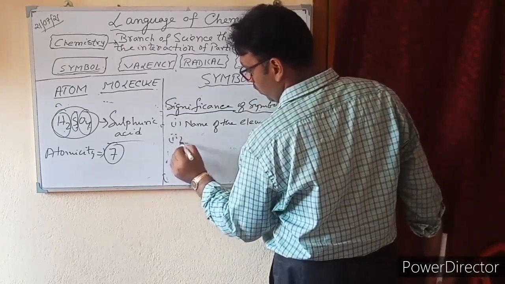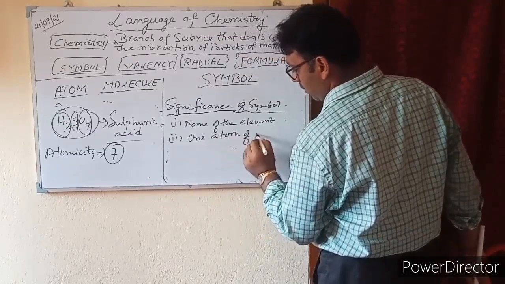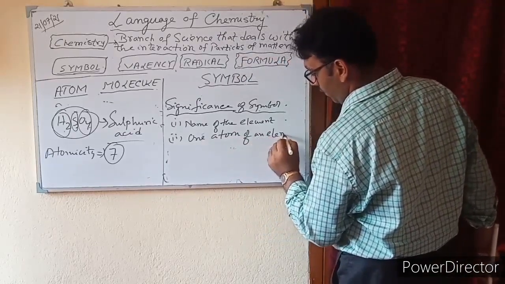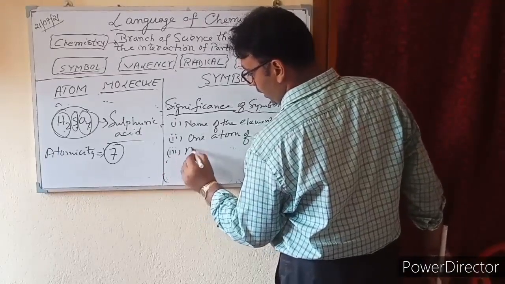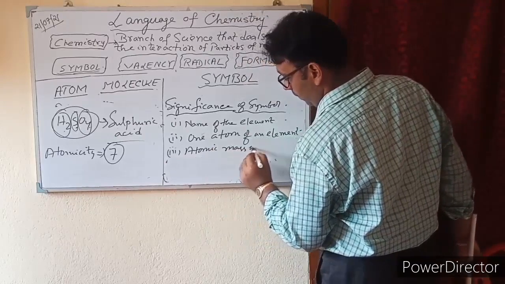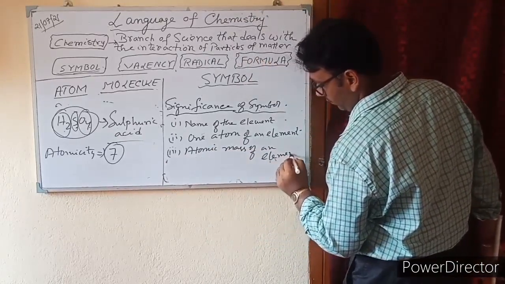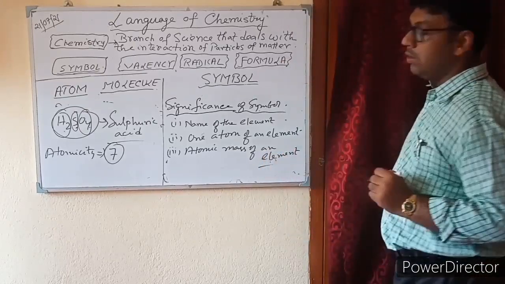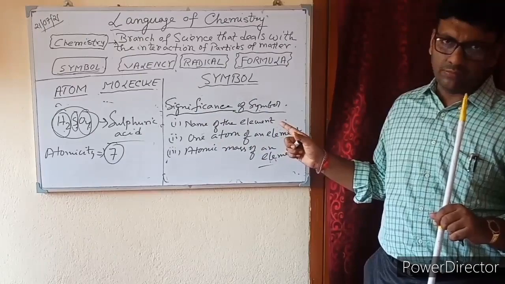Number 2, one atom of an element. And number 3, atomic mass of an element. So this is the significance of symbol.